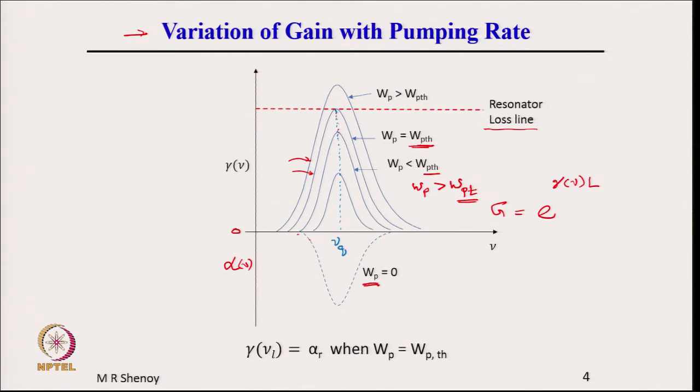If the pumping rate increases beyond Wpth, then I have shown here the corresponding gain curve, but will it remain like that at steady state?